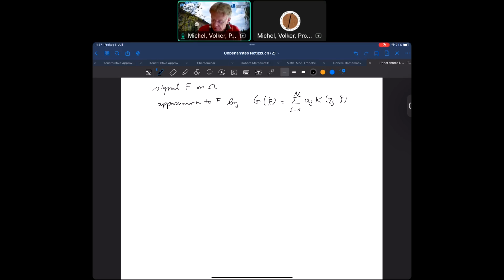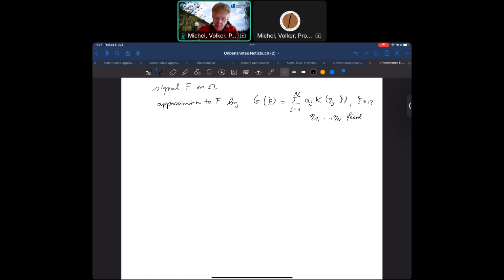So I'm changing a bit my notation here. So the eta j would be the fixed point now, and xi is the variable. So we have fixed points eta 1 up to eta N here. So what does this basically mean? You want to approximate the function by a sum of such hat functions.